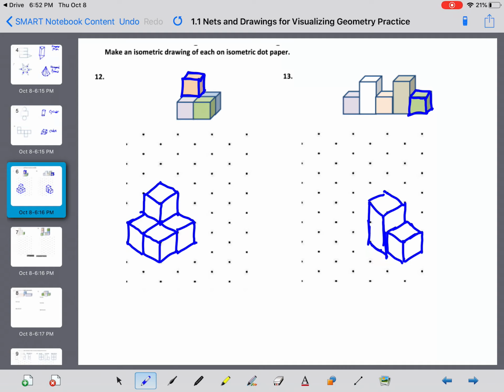Your third one is shorter again, so take a look at what happens here. We get short. And then we get taller again.